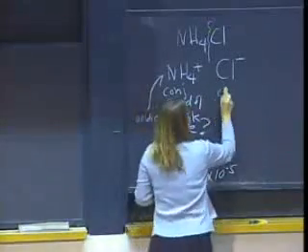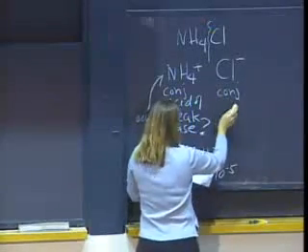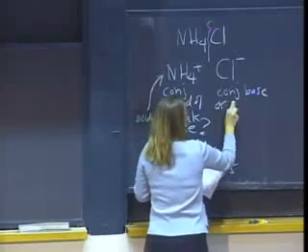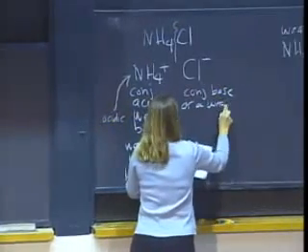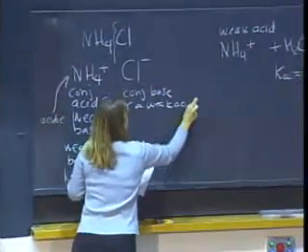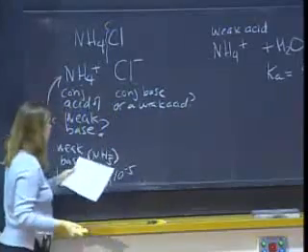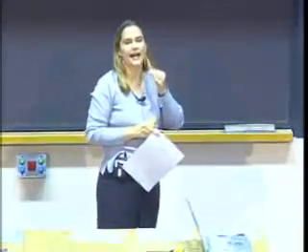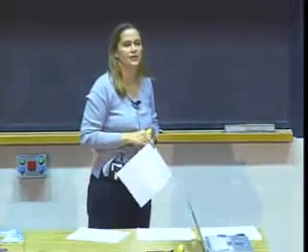And so we would ask, is Cl minus a conjugate base of a weak acid? What would be the conjugate acid of Cl minus?